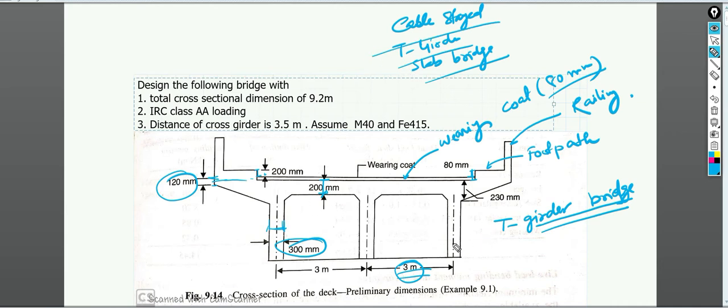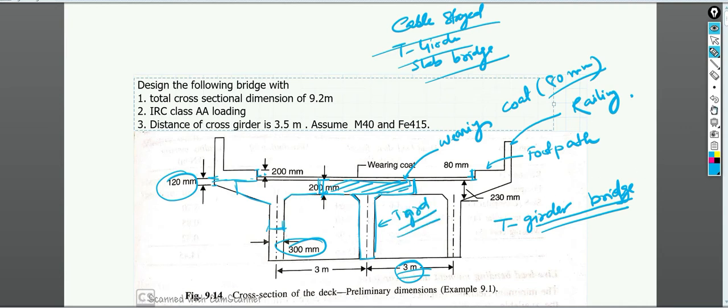So this particular bridge is called a T girder bridge because here you can see the section of the girder is just a T. The flanges of this T are acting as a slab or the deck for the bridge. This is the flange of the beam. That is why it is called a T girder bridge.